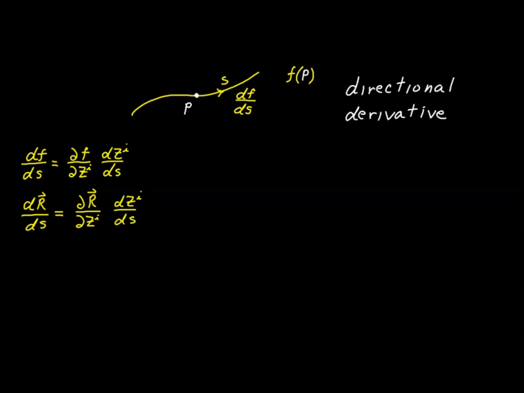Now, if you recall what we did in video number 9, this is how we went about defining our covariant basis vector. So that's all this is. So we can express this now as simply this factor, which is dzi with respect to ds times our covariant basis vector zi. That's just how we wound up defining our covariant basis vector.